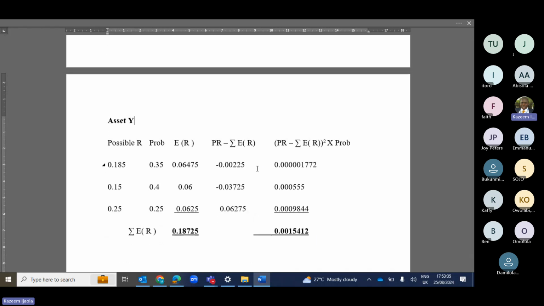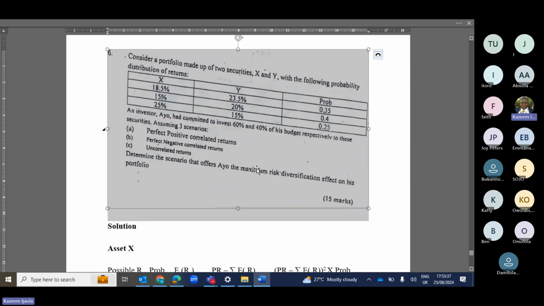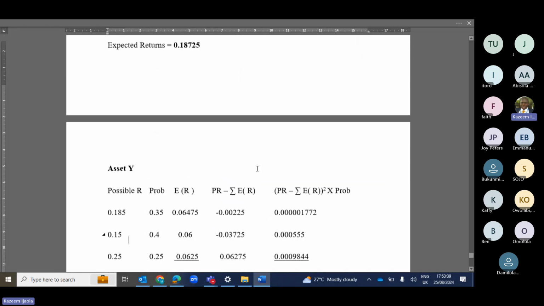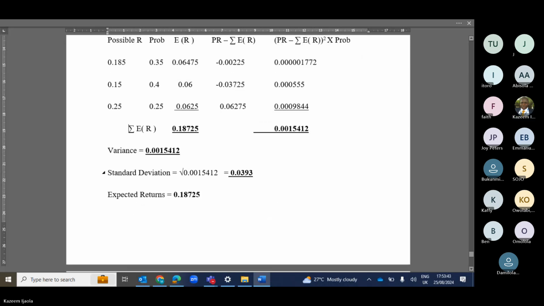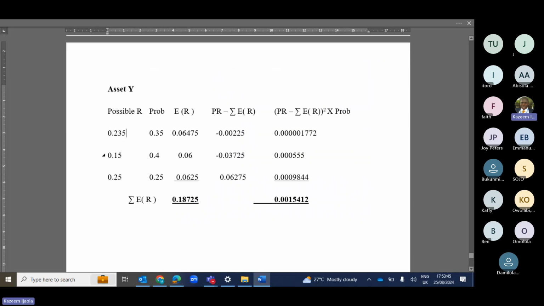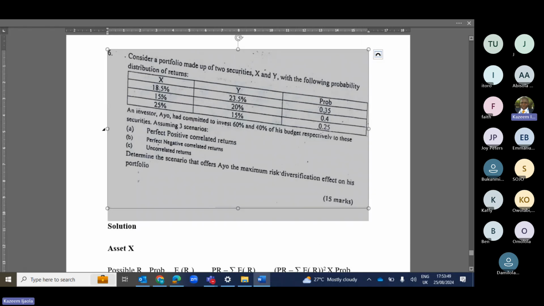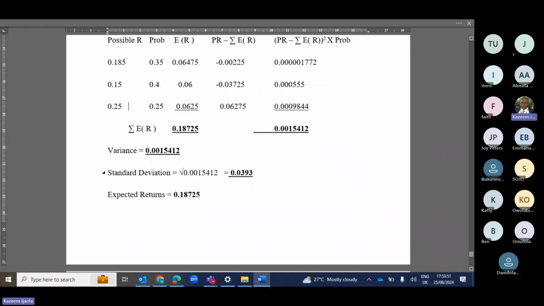Asset Y. Give me the variables that we have. 23.5, that's 0.235. Then 20%, that's 0.2. Then we have 15%, that's 0.15.